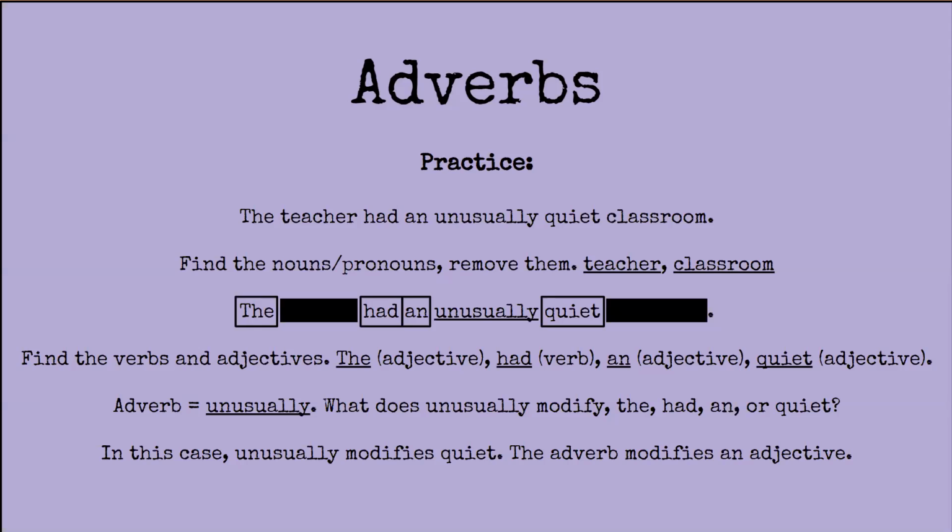So we're really looking between had and quiet. In this case, the best answer is it is modifying the word quiet. Something was unusually quiet. That adds more information to that adjective. So in this case, the correct answer would be your adverb was unusually. The word that it modifies is quiet.